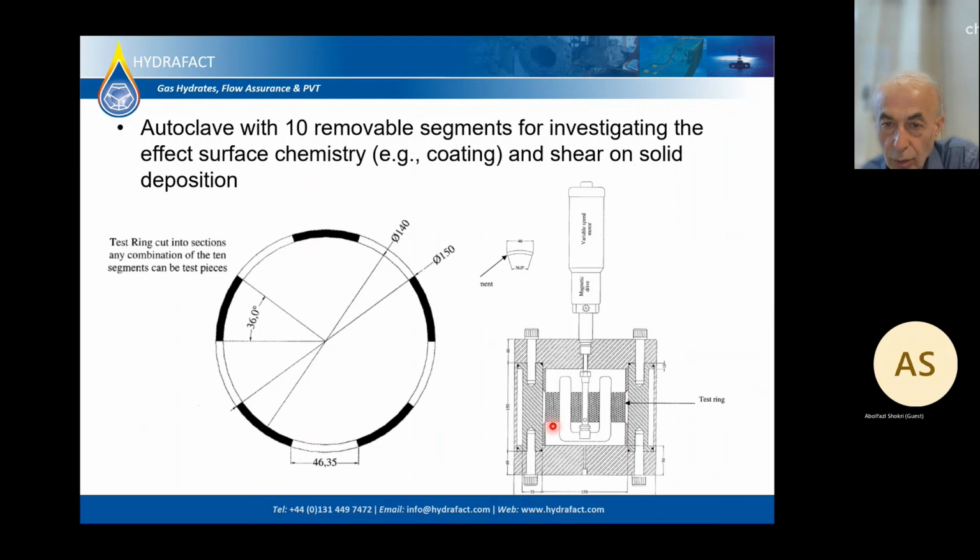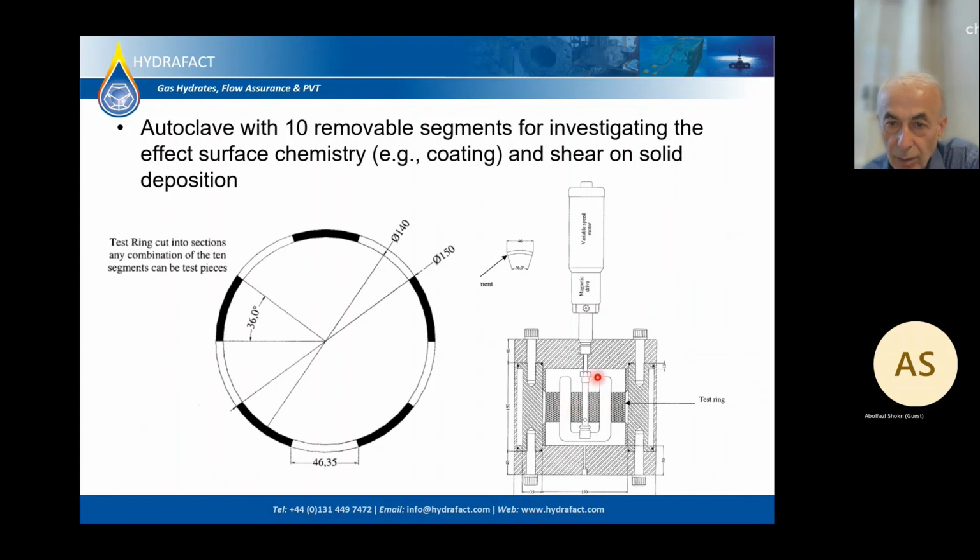They are part of this circular ring in the middle, and this is a bottom ring. This is the top ring, and they are arranged in a way that keeps the sample ring attached to the wall. And then this is a mixer. You can measure the torque in this mixer. And these are the blades.